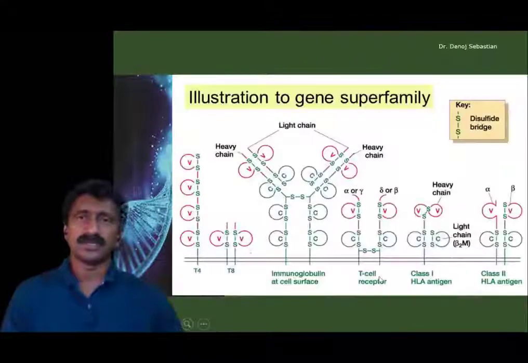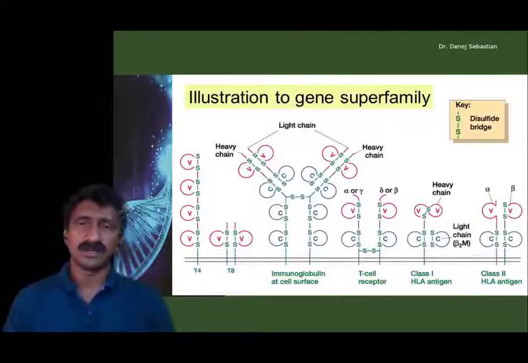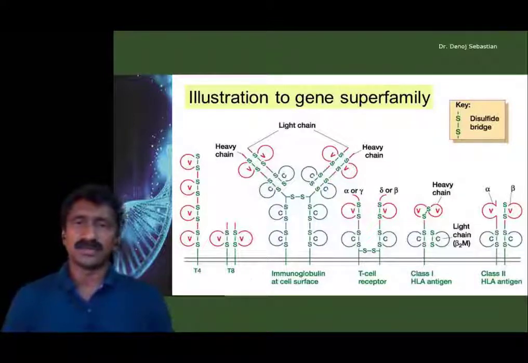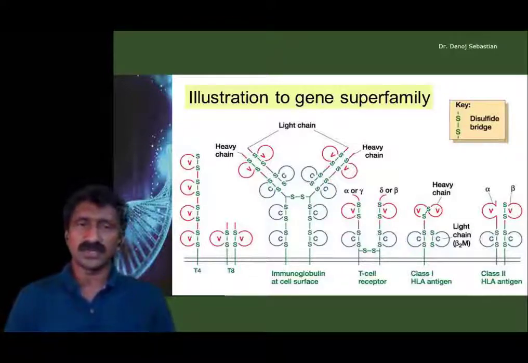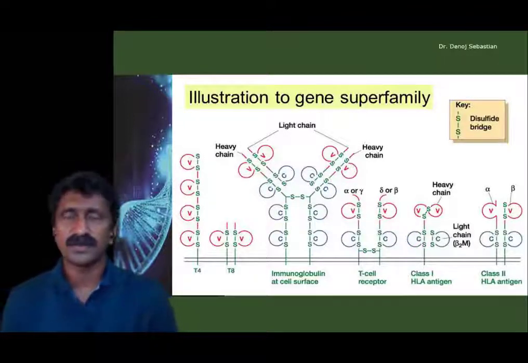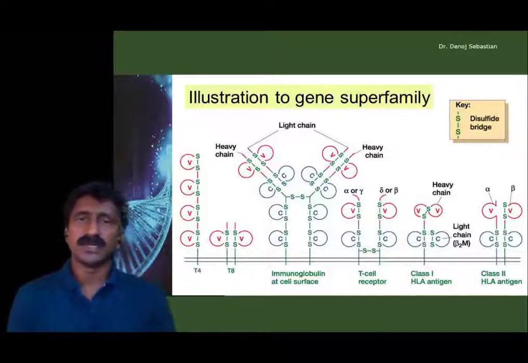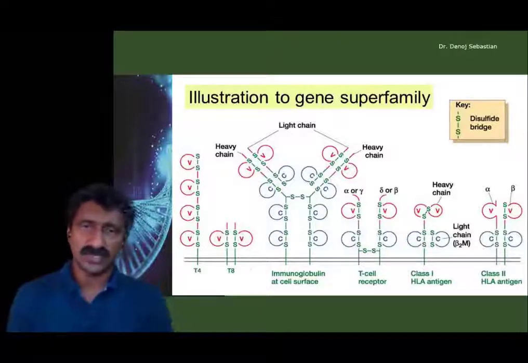Now, this is about the superfamilies. Here, the immunoglobulin superfamily is an example. There are T4, T8, then immunoglobulin at the surface, then T cell receptors, HLA antigens, then HLA class 2 antigens, class 1 antigens. All these are different types of immunoglobulin family members, which will have some structural similarity, but functionally they will be different.